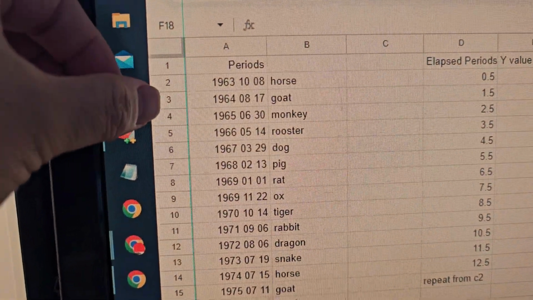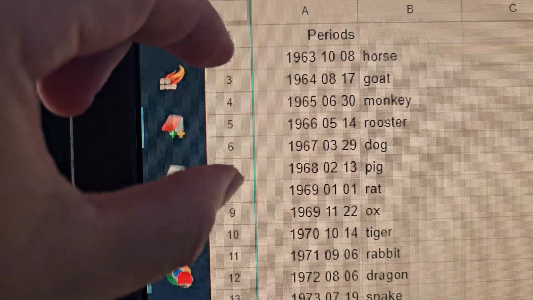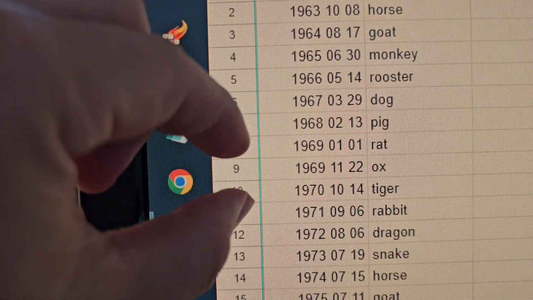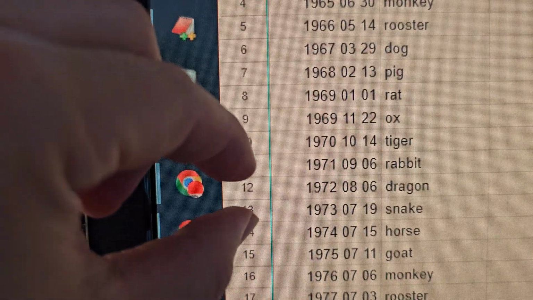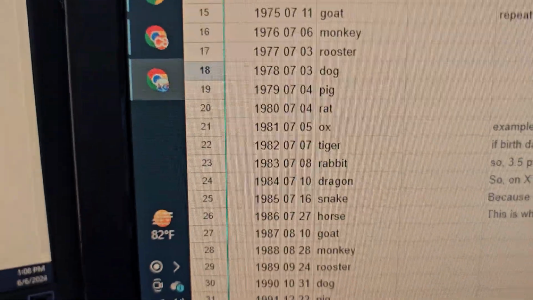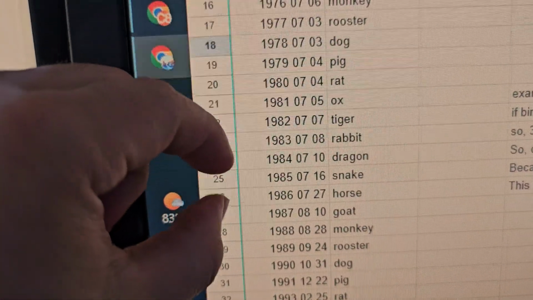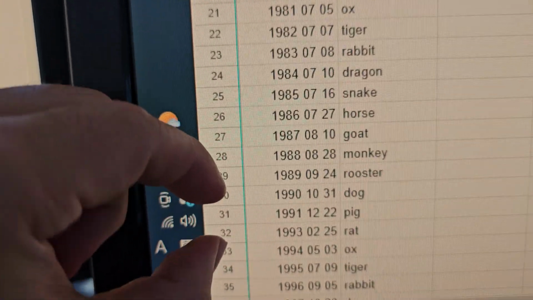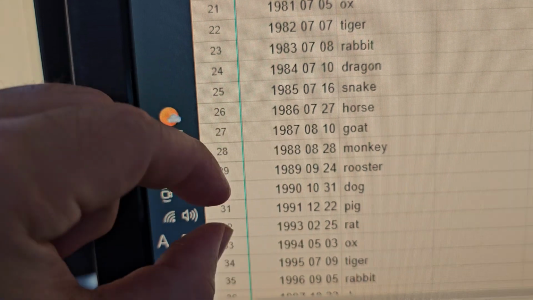Use periods of time. This is 1 period, 2 periods, 3, 4, 5, 6, 7, 8, 9, 10, 11 periods. These are all periods of time. Wherever I was born, if I was born here, this is where period 0 starts. If I was born after this date, this is period 0.